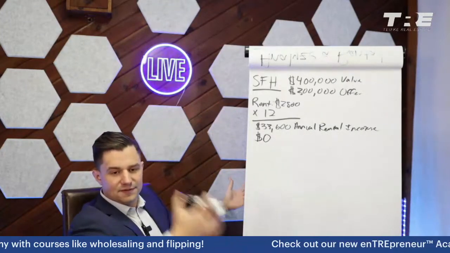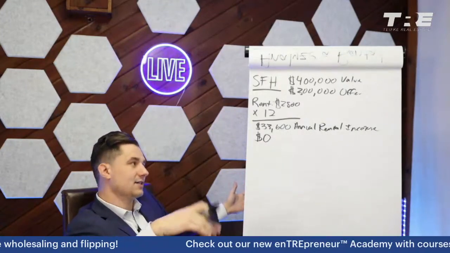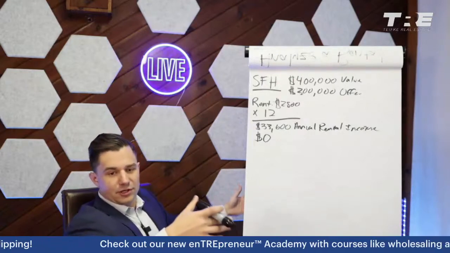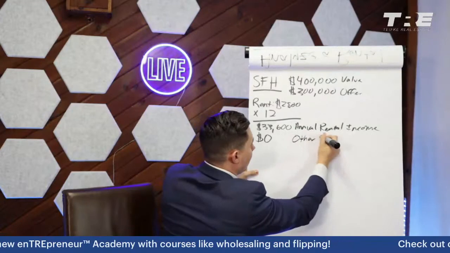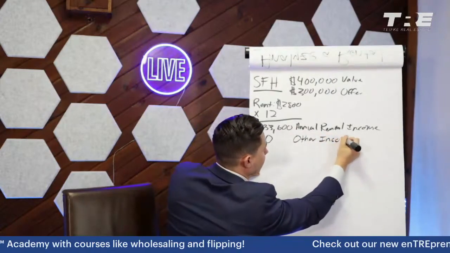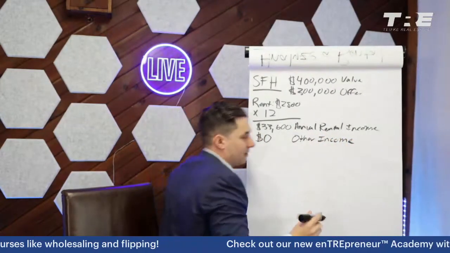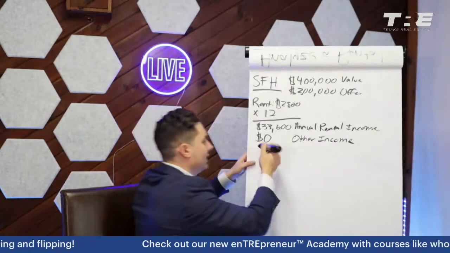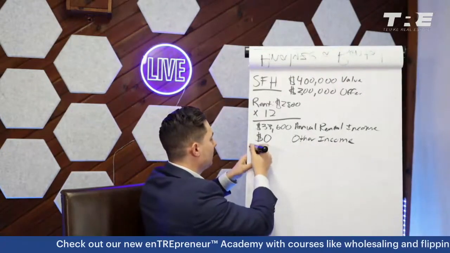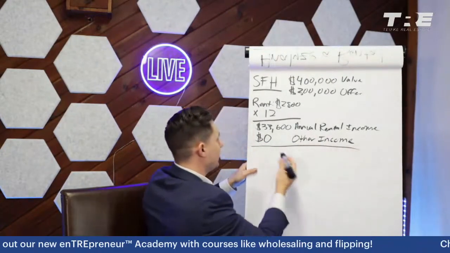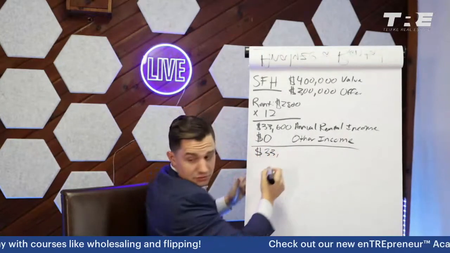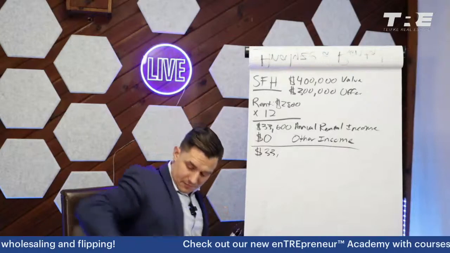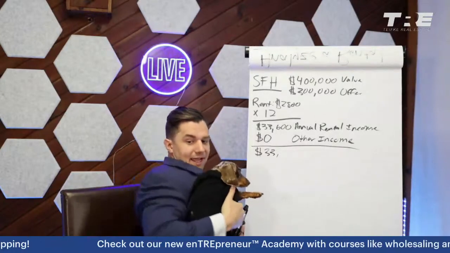But if this was a 50-unit, 100-unit apartment complex, you would have a good amount of other income in there. But there is other income that you will receive from this property. So we take our annual rental income and we take our other income, we add them together. And so we've got total annual income. Gia, you want to analyze it?